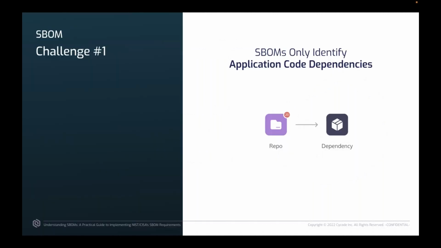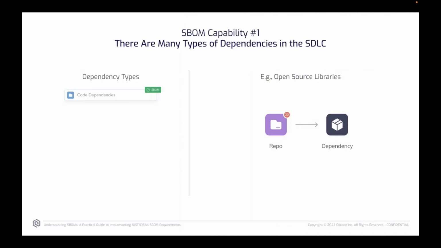So this brings me to the first SBOM challenge, and that is that SBOMs only look at application code dependencies. Now, again, I've said this a couple of times, and I want to be really clear. If you think of a dependency as being something that you don't build yourself and that you have no direct control over, obviously open source components and third-party software fall into that nicely, right?